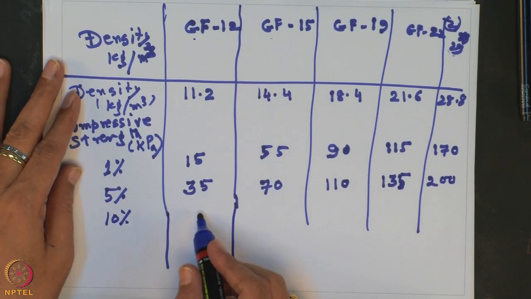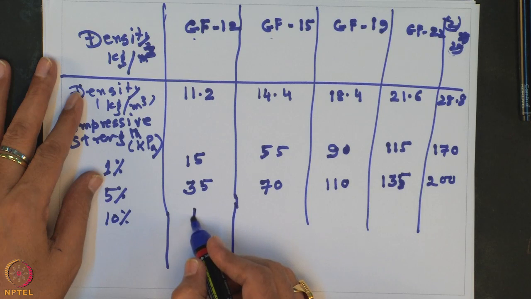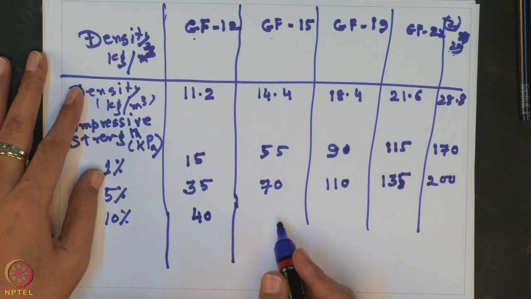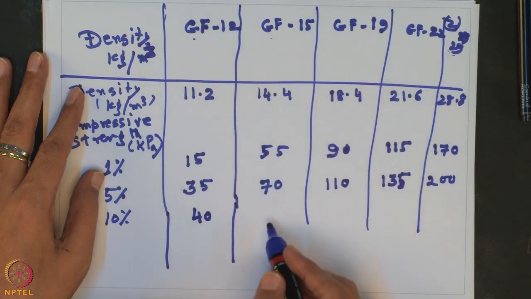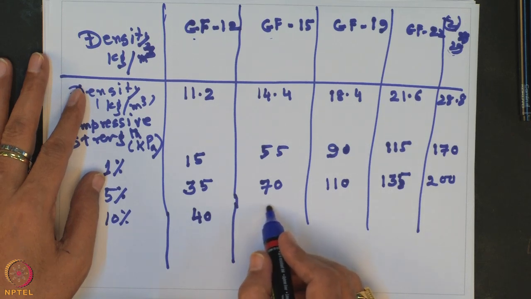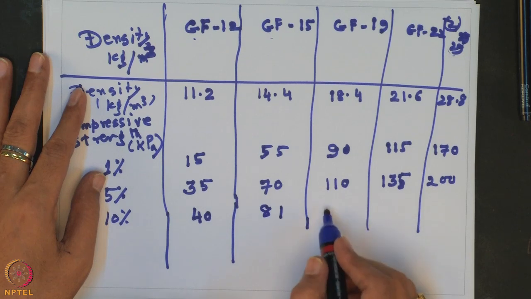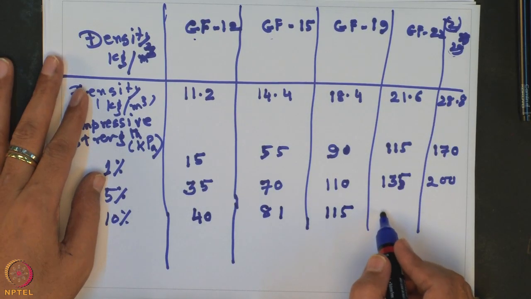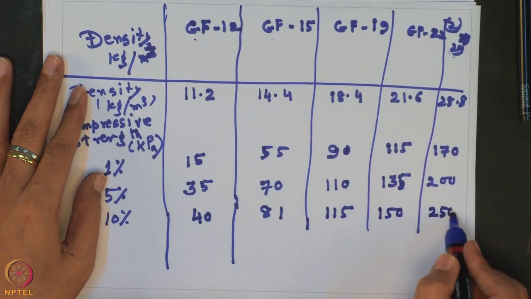So, 10% strength for the geofoam with density 12, this will be 40, and for the 15 value, let us say this value will be about 81, and for the geofoam 19 let us say this value will be 115, and for the EPS geofoam 22, this value may be 150, and for the 29 let us say 250.